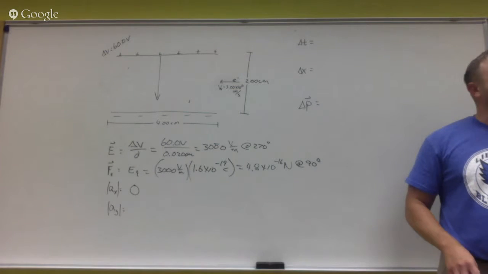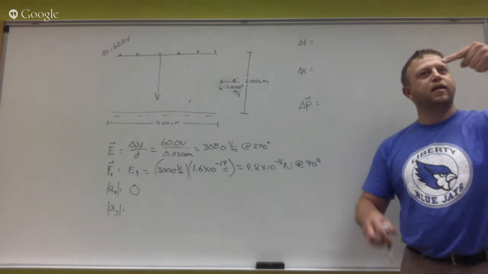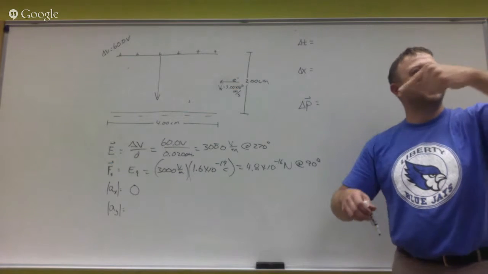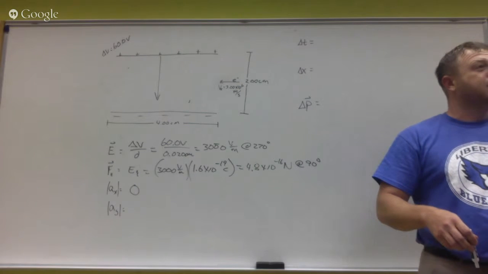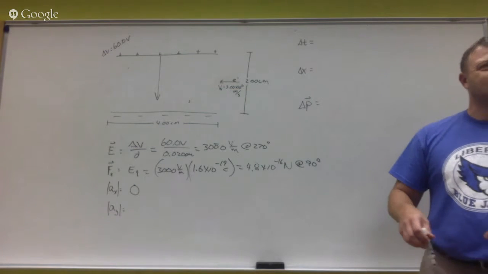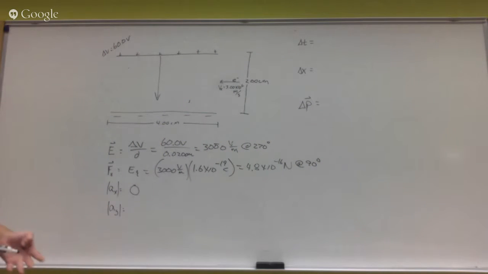Starting to look like a projectile motion type problem, isn't it? Launched horizontally, the only force is in the y direction, so we're going to have a similar type of path, right? So once again, you got to break out that topic too. So we got to add the projectile type problem. Okay, acceleration in the y direction.